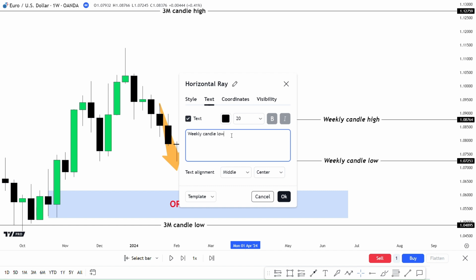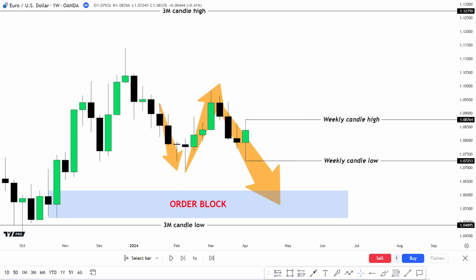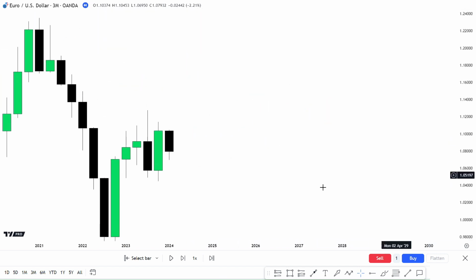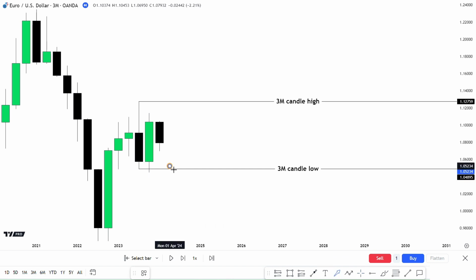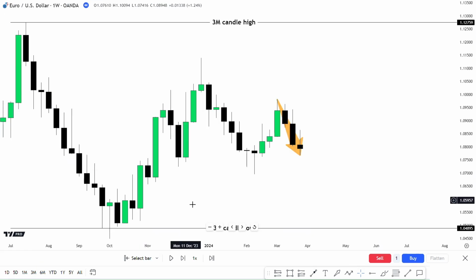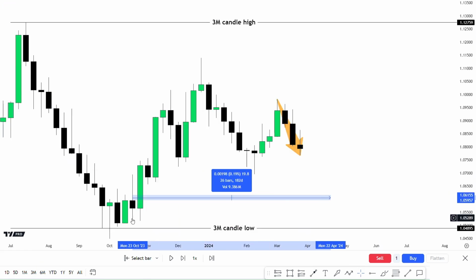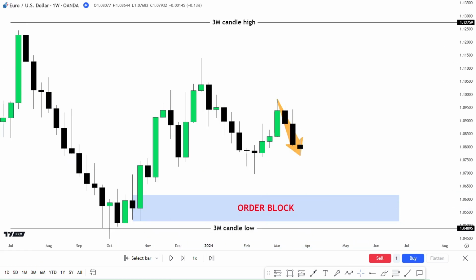Before continuation, let's check everything again. In the 3-monthly chart, we identified this candle range to determine our long-term bias. We confirm our long-term bias is bullish, but already the chart is bearish. So the idea is, maybe the price is going to reach this order block.